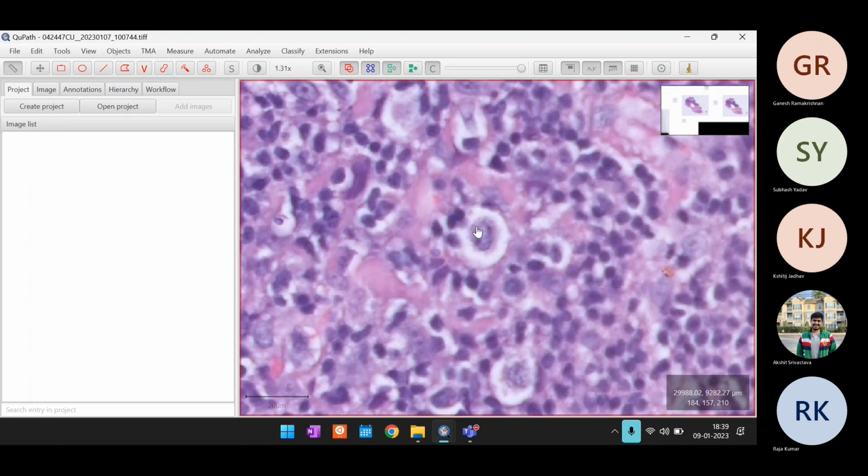Subhash, you want to add anything more? No, but I think next time when you visit TMH, Akshit can also visit and we can see under the microscope exactly how the cells look, for better understanding. My aim is that Akshit works on this this week, and next week I'm going to come to see Dr. Hasmukh anyways.